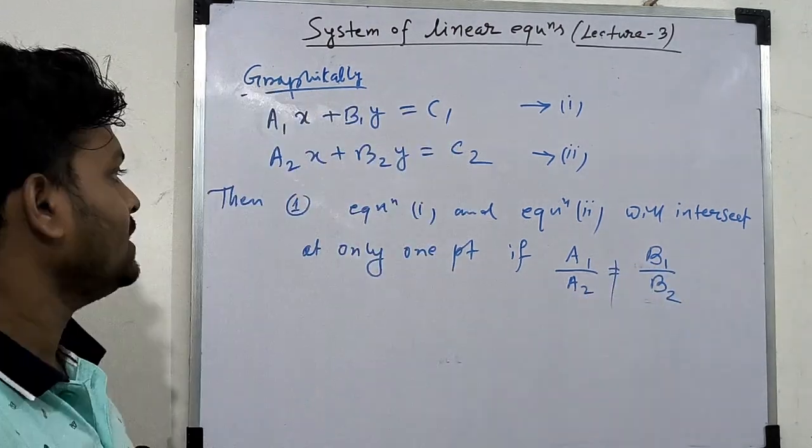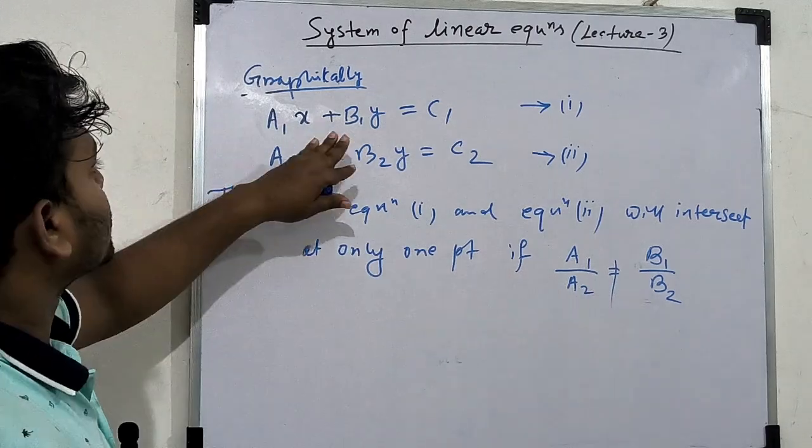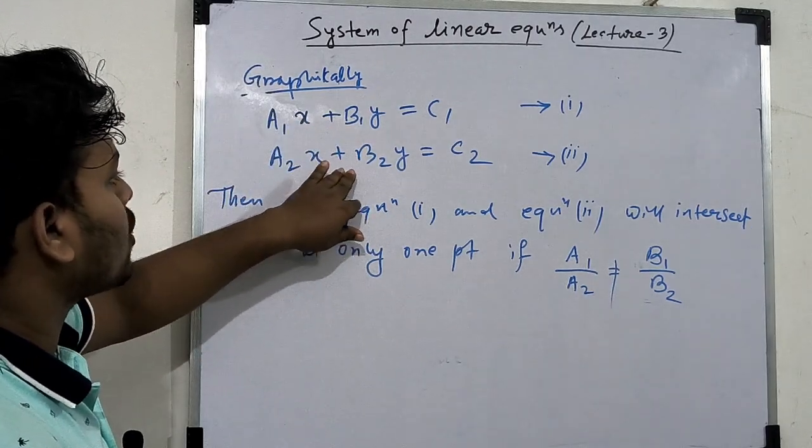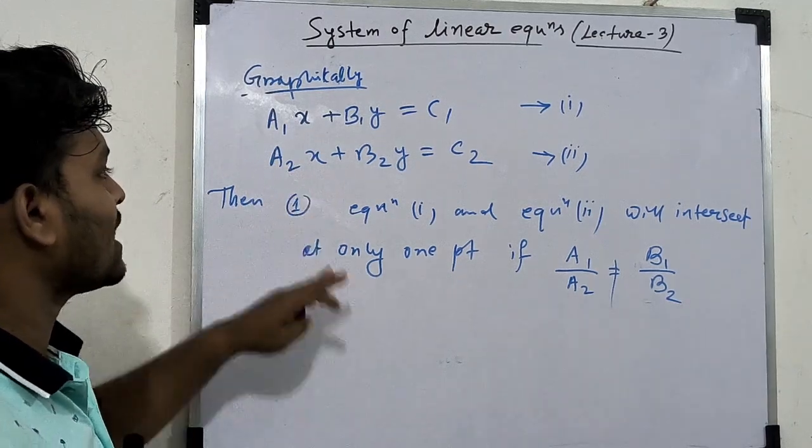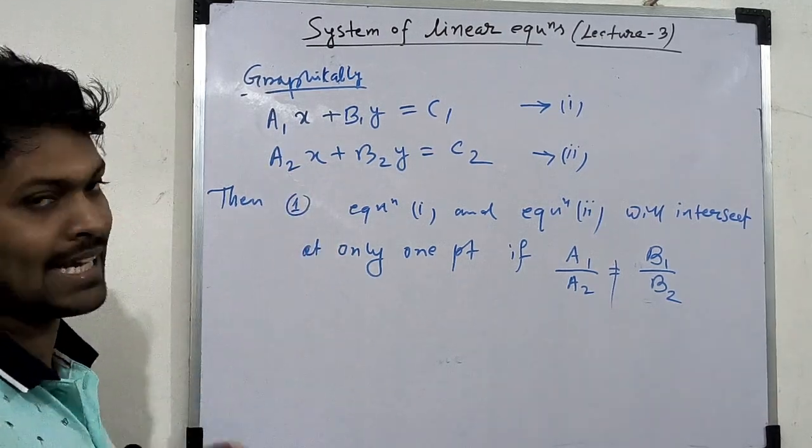So if the slope of this equation and the slope of this equation are different, then we say that these two lines cut at exactly one point.